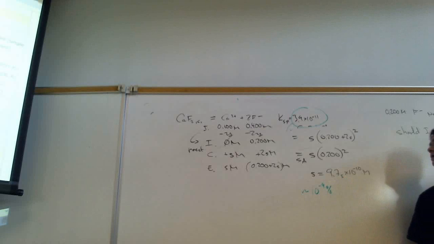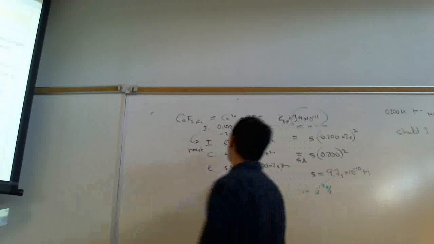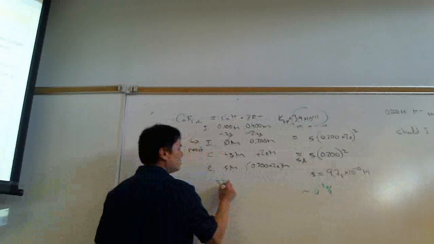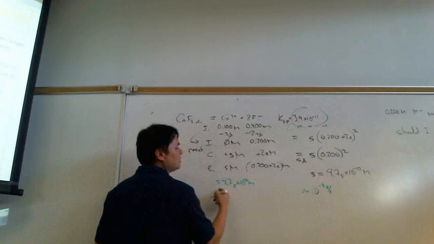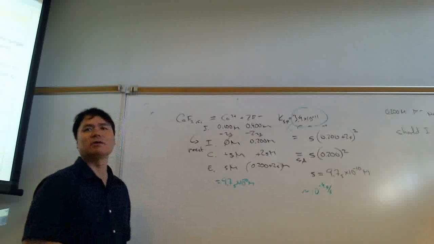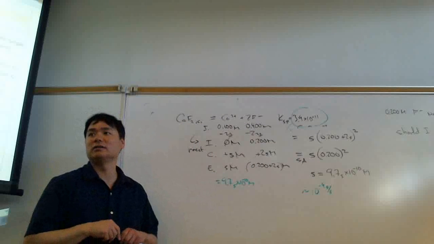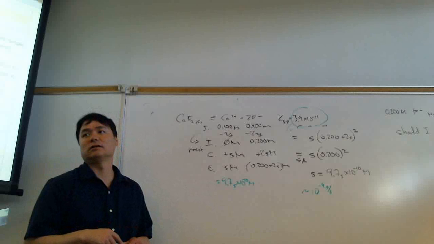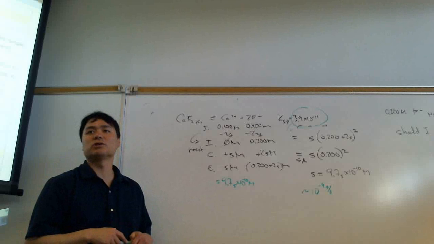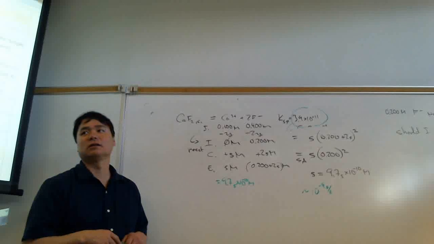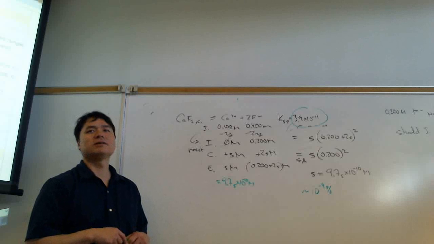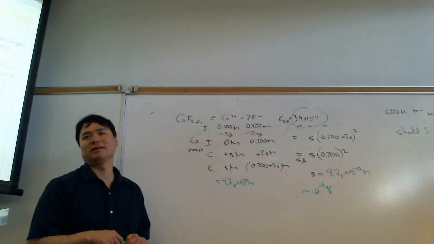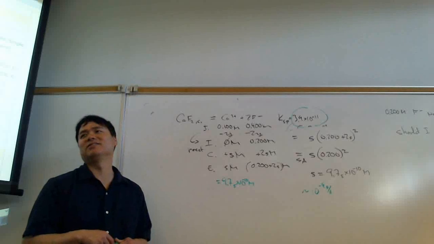But did we precipitate out 100% of it? No, because you know what? There's still a little bit left. 9.75 times 10 to the minus 10 molar. I want to get all of it out. And so what should I try next? 0.400 wasn't enough. Maybe I should go to 40 moles of fluoride per liter.